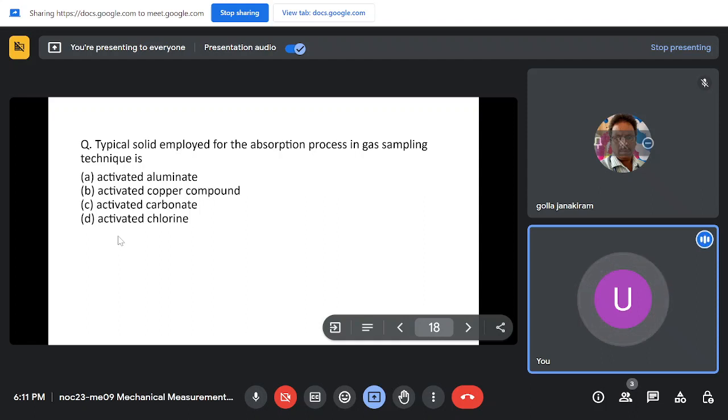So next question is, which typical solid is employed for the absorption process in gas sampling technique? A, activated aluminate, B, activated copper compound, C, activated carbonate, and D, activated chlorine.